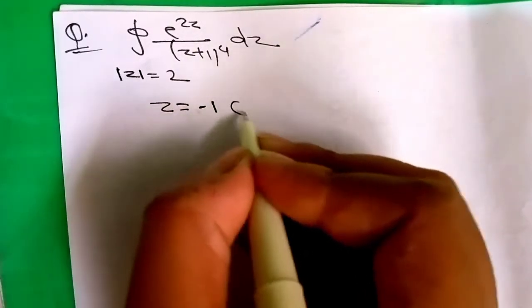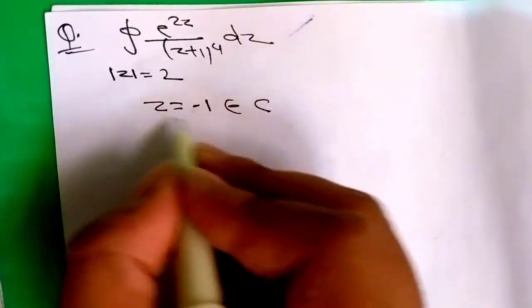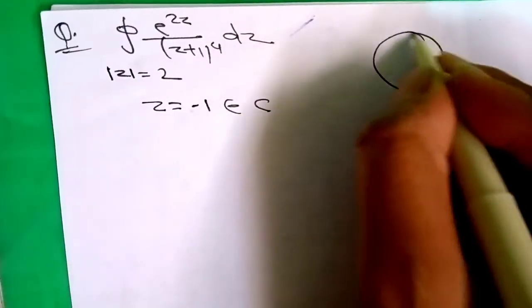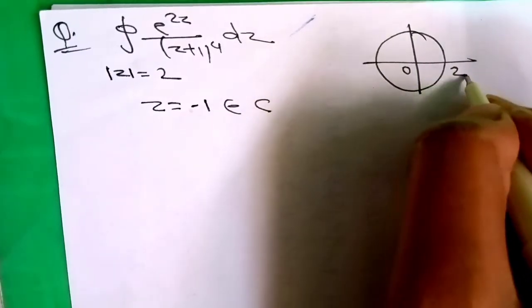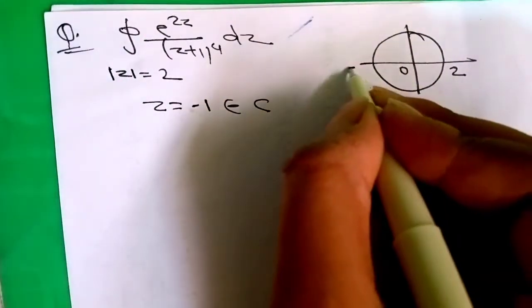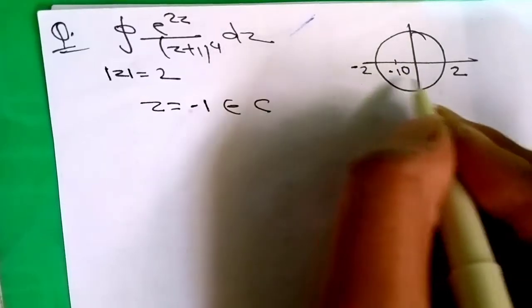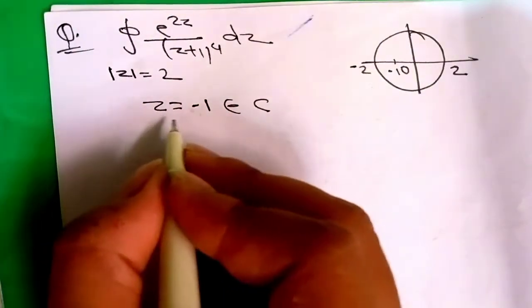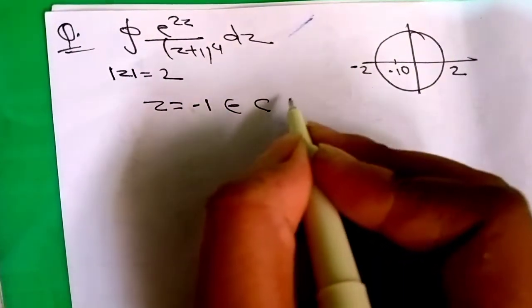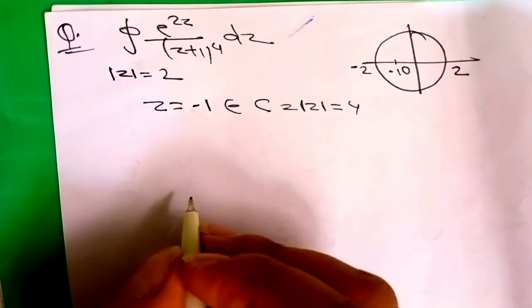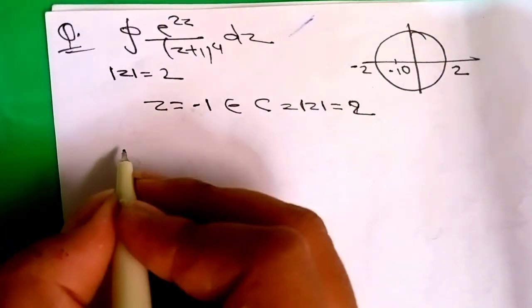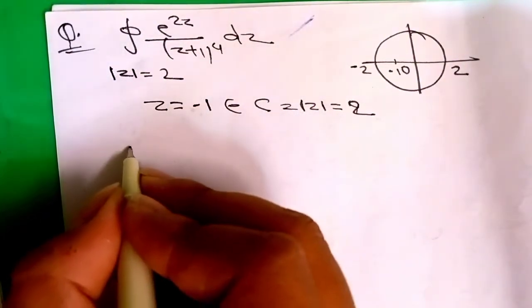If you draw the circle with origin as center and this radius, minus 1 lies inside the contour. So z equals minus 1 belongs to the contour |z| = 2.